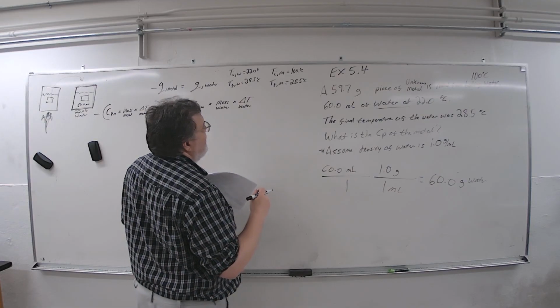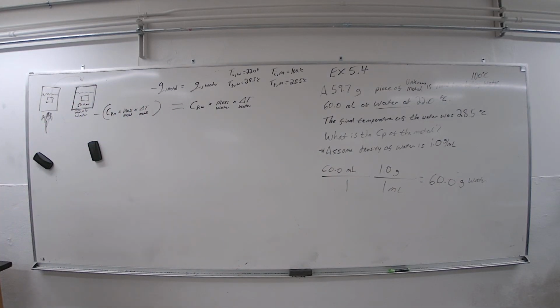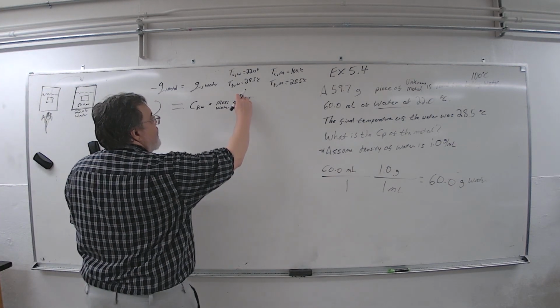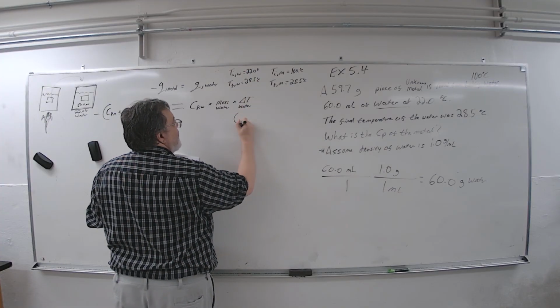What's the delta T for water? Final minus initial. Final temperature of water minus initial temperature of water. So 28.5 minus 22.0, what do you get?